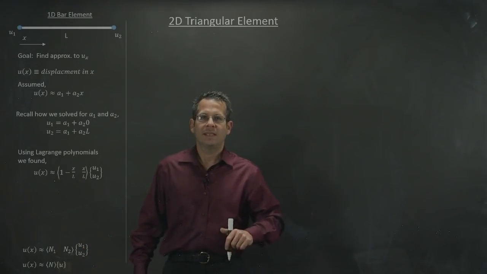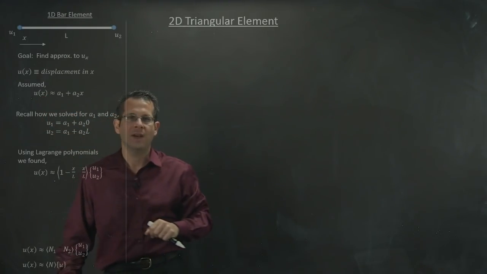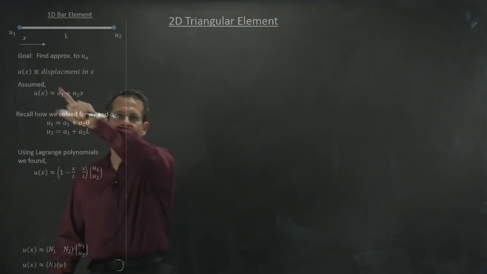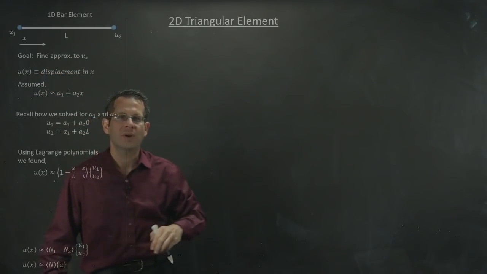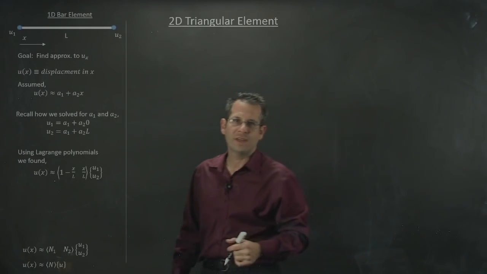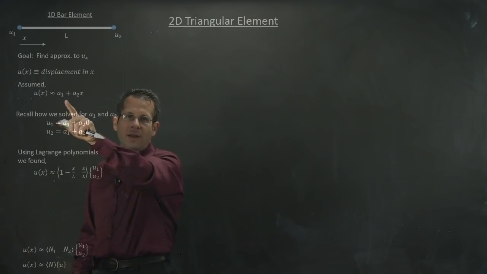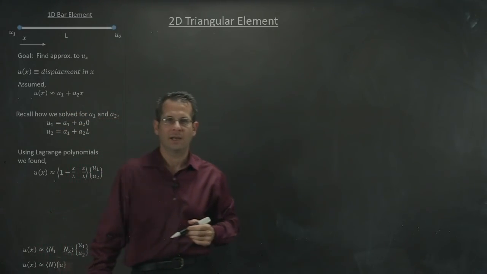One way is to say, well, I know that I'm trying to approximate my unknown function, which in this case is the displacement in the x direction, as a linear function. And what defines a linear function is two unknown coefficients, a1 and a2, the y-intercept and the slope of my line.